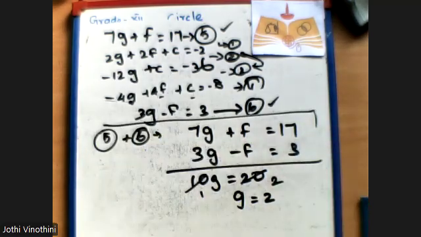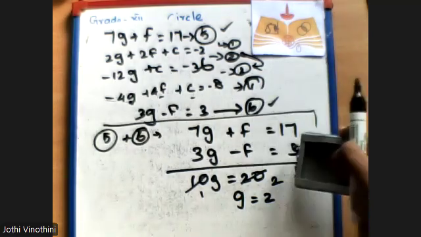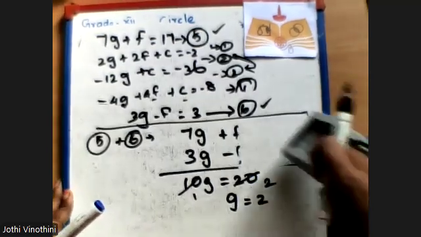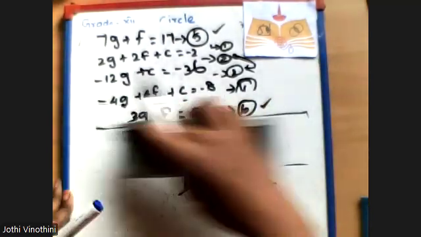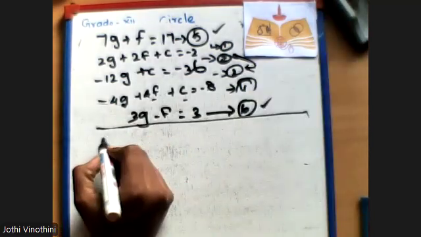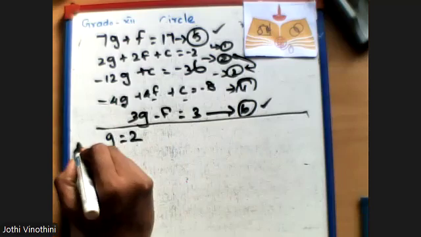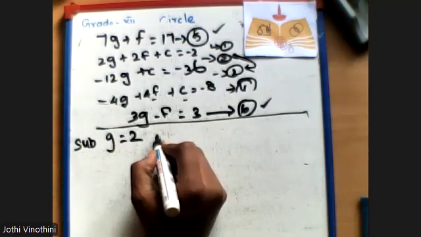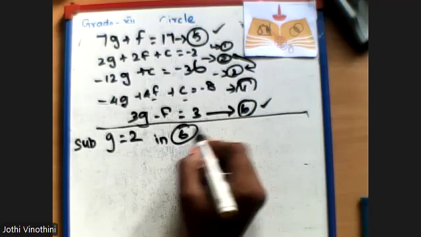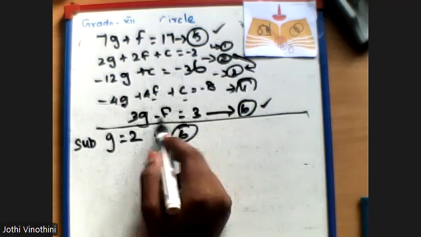So we move to the next step. Clear? Shall I rub? So we know g equals 2. So substitute g equals 2 in equation 6, so that we can easily get the value of f.